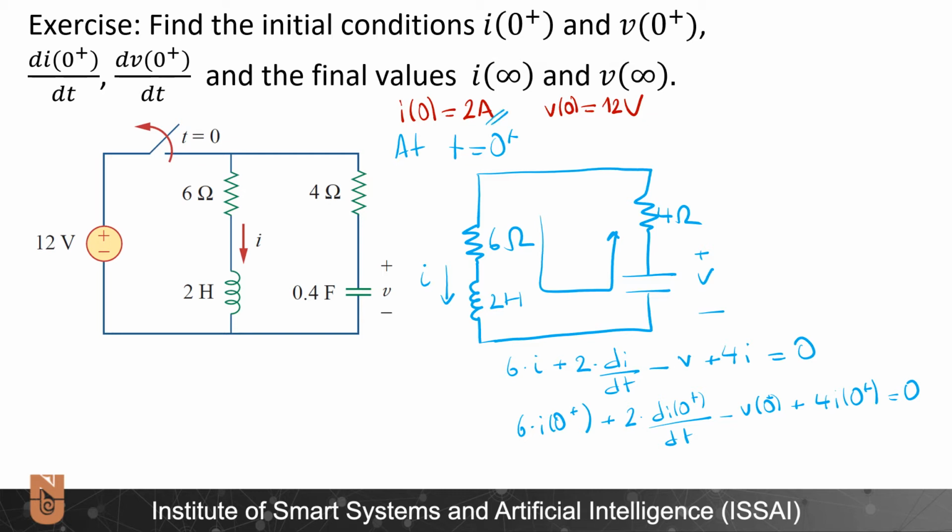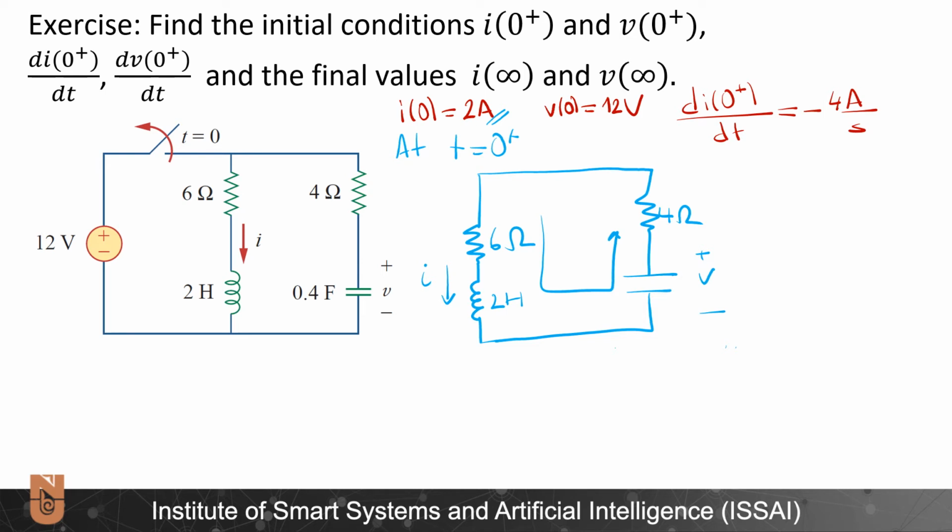I0 is 2 amperes. 10 times 2 plus 2 times di0 plus over dt, minus V0. V0 is 12. Minus 12 is equal to 0. And from here, when I solve this, I calculate di0 plus over dt as (12 minus 20) over 2, which is minus 4 amperes per second. So I found this initial condition as well.